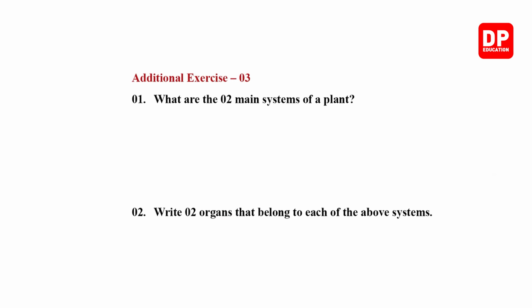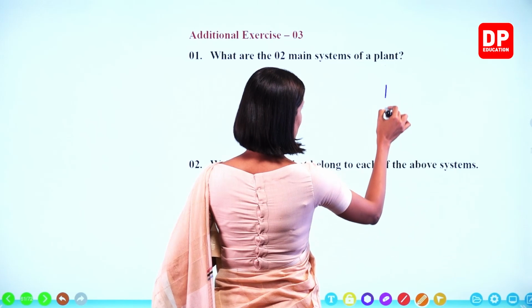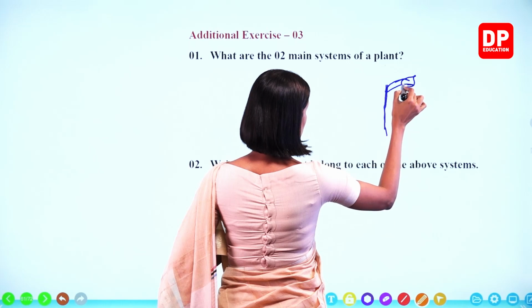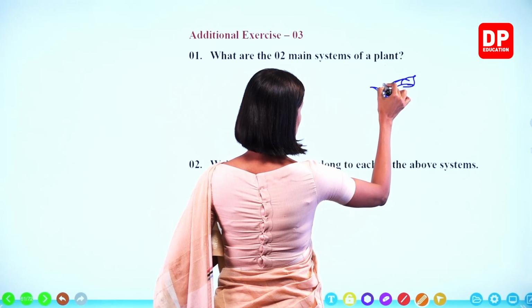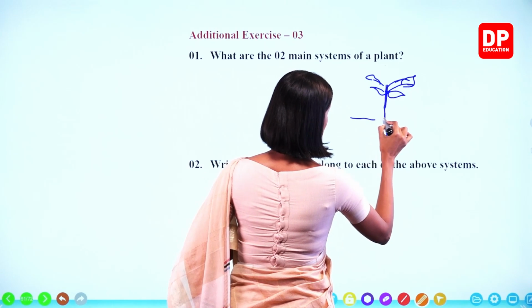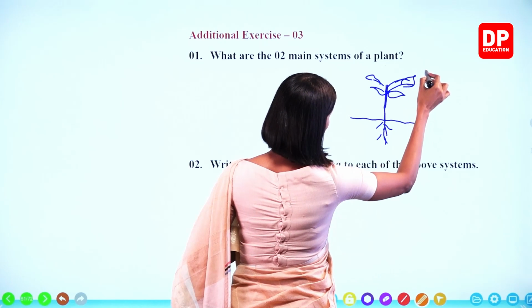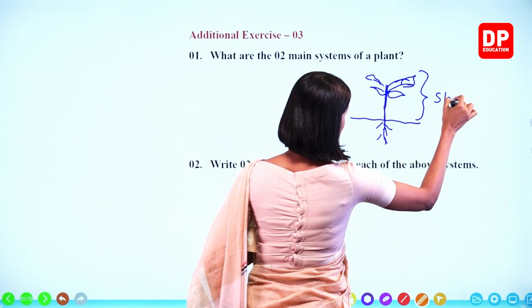Right, exercise number 3. What are the 2 main systems of a plant? There are 2 main systems of a plant. What are they, children? Do you remember? When we consider a plant, right, the part that is present above the ground is known as the shoot system.